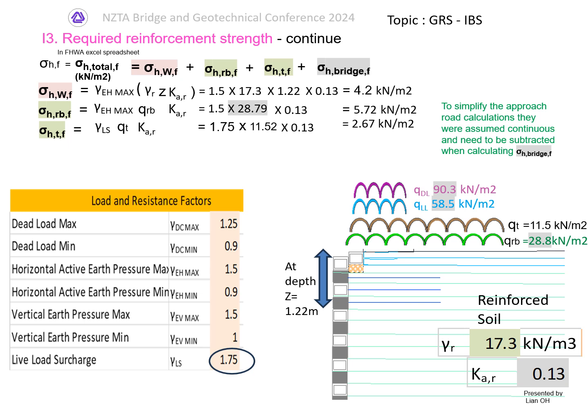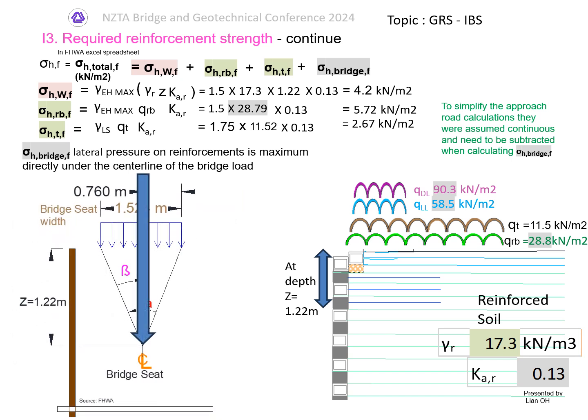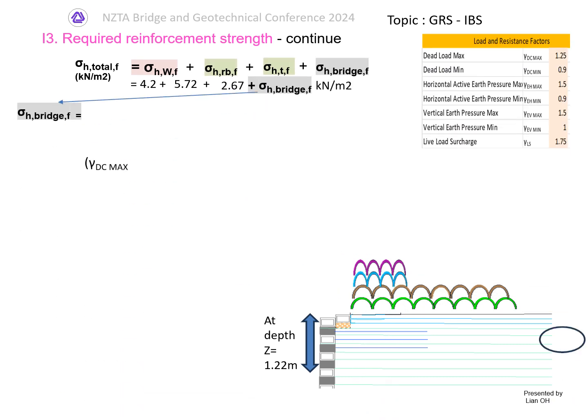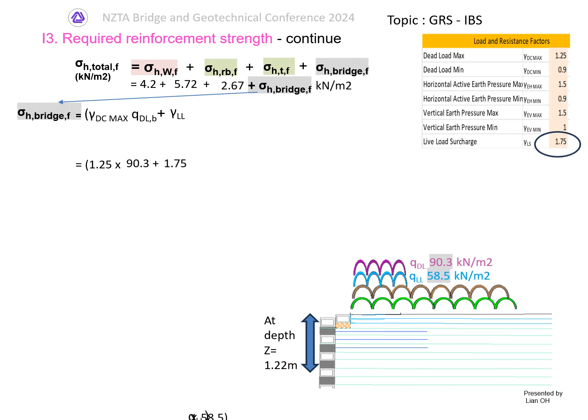To simplify the calculation, the load on the approach pavement is considered to be continuous and needs to be subtracted when calculating the stress due to the bridge load. The center line of the bridge load is the point of interest in the calculations of the stress due to the bridge. The stress due to the bridge is the product of a factor of 1.25 multiplied by dead load plus a factor of 1.75 multiplied by live load.